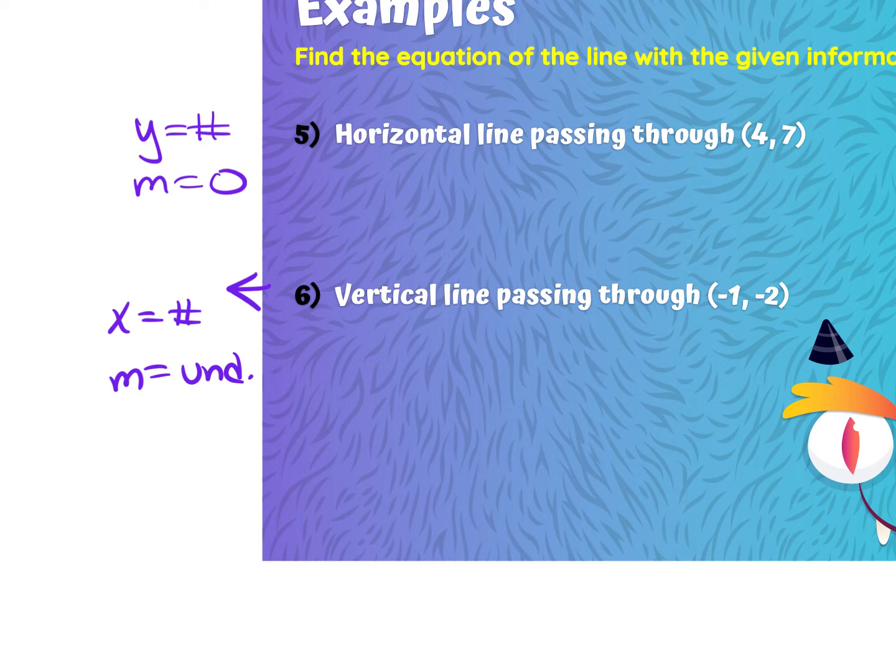And on WebAssign, you were putting it in as DNE. So if they give you an ordered pair and they ask you for the horizontal line passing through that, all you have to do is look at the y of the ordered pair they gave you, and it's y equals 7. If it's vertical, remember that's x, and you use the x in the ordered pair, and you're done.